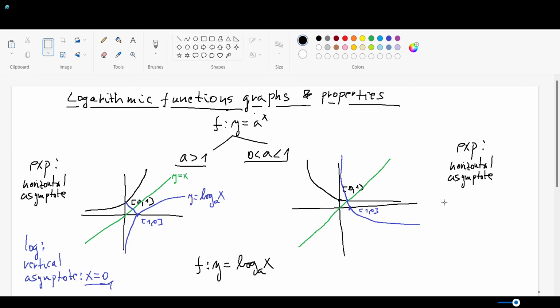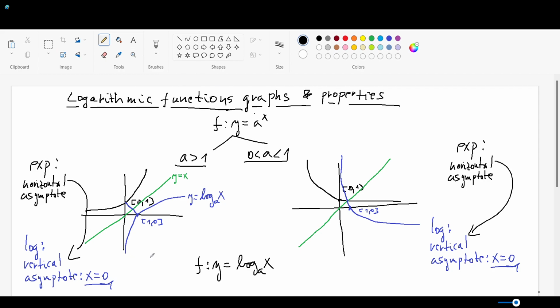The black line is exponential and the blue line is logarithmic, and as you can see, our key points changed their x y coordinates, and the asymptote changed from horizontal to vertical.